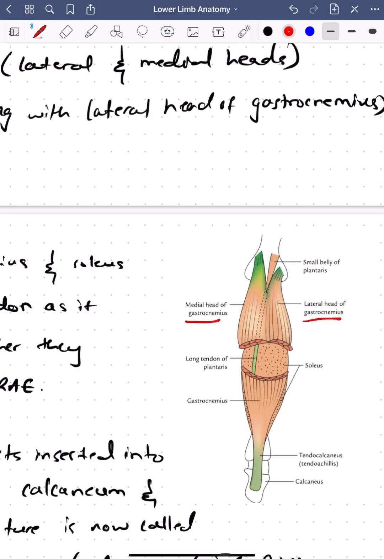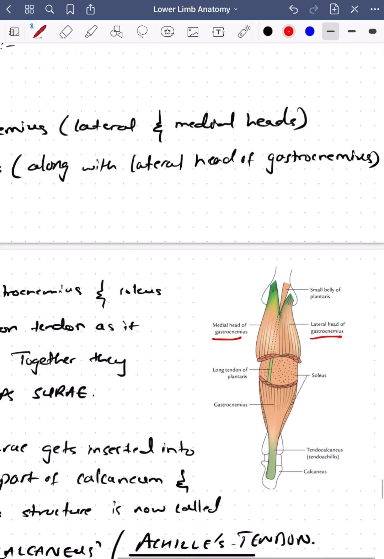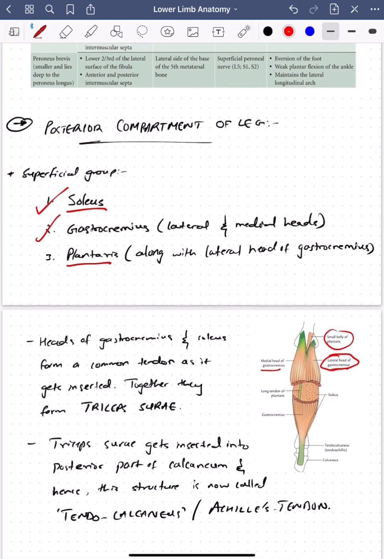So it's a huge muscle that makes the bulk of your calf. So the soleus, the gastrocnemius, and finally a plantaris. The plantaris has a small belly and the rest is actually a tendon, so you can clearly see this in your dissection. The small belly is seen in close proximity to the lateral head of gastrocnemius. So these are the muscles in the superficial group.